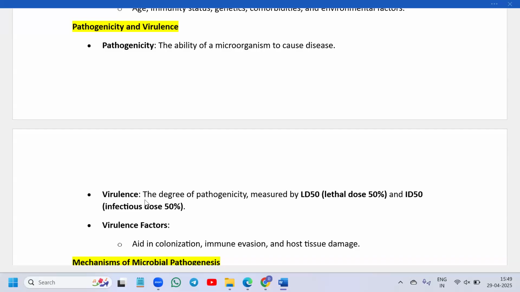So how many viruses will be necessary to cause infection in 50% of the population? That is the infectious dose, and how much is necessary to cause death in 50% of the population is the lethal dose 50. Okay, so virulence is nothing but your degree of pathogenicity.